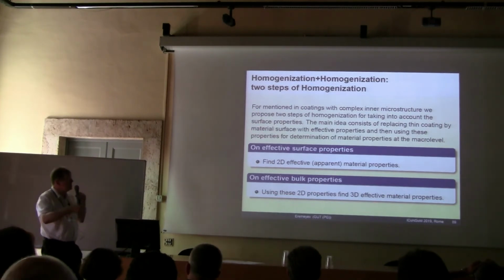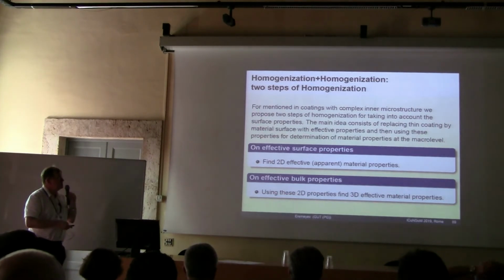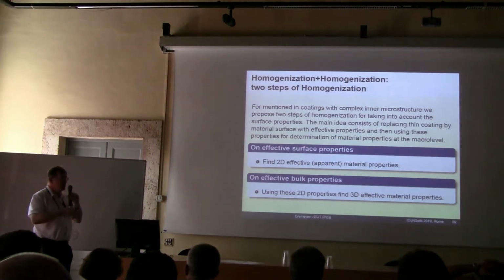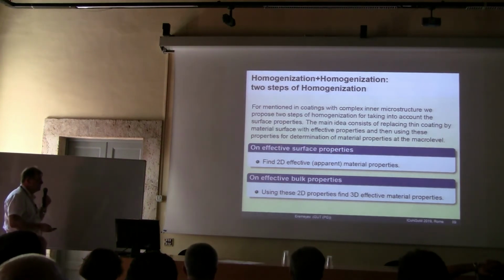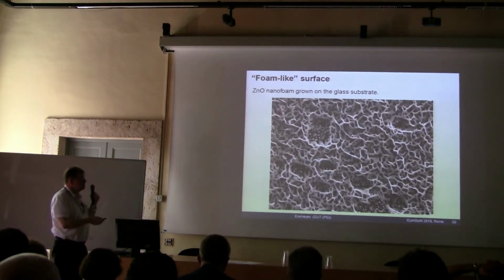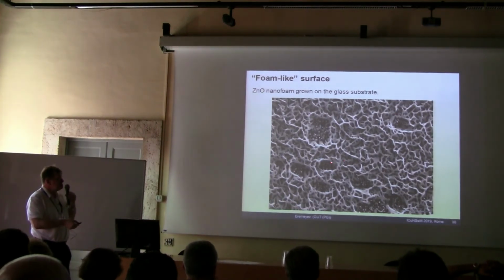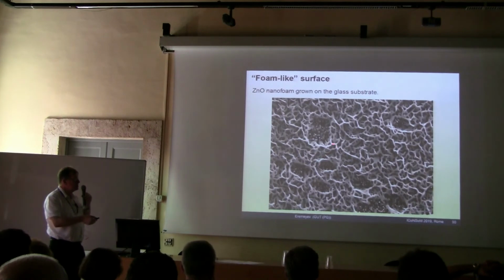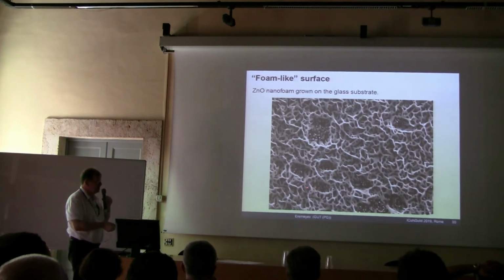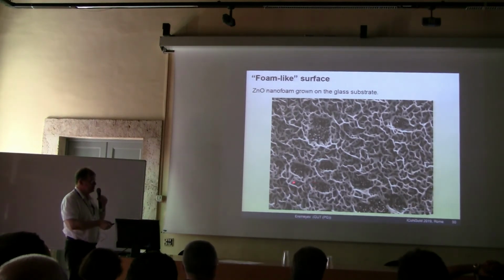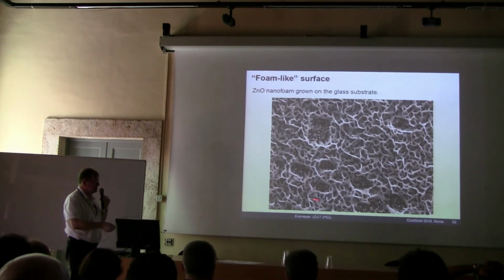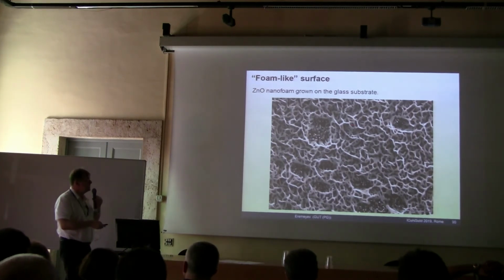So it looks like homogenization squared. We homogenize the surface, and then we homogenize the 3D. It's a typical example. It's not, again, changing conditions. Instead of zinc oxide perfect crystals, we obtain zinc oxide nanofoam, which looks like that.